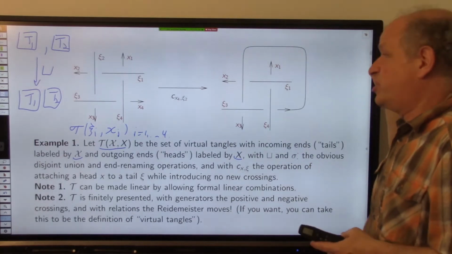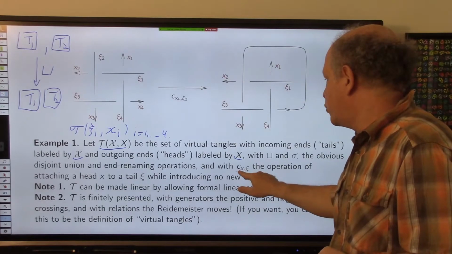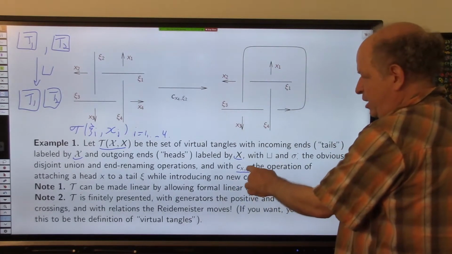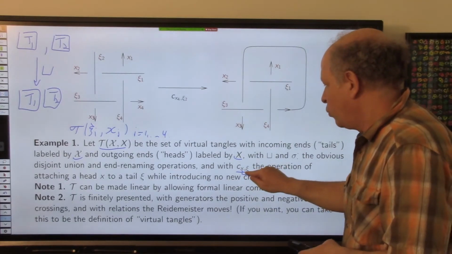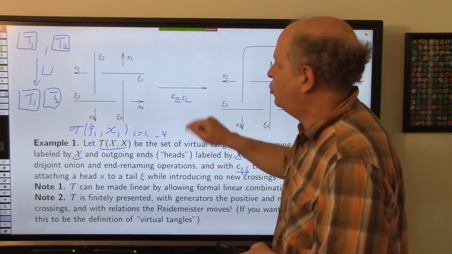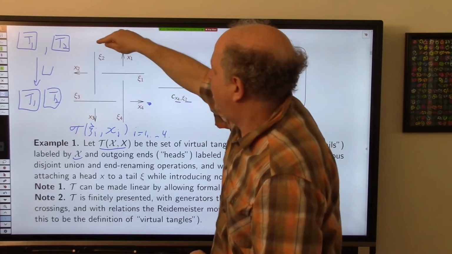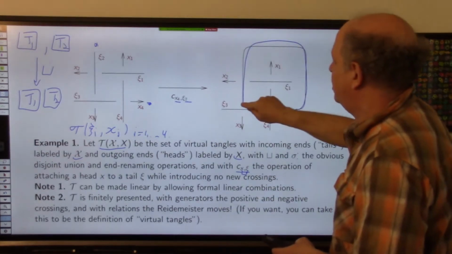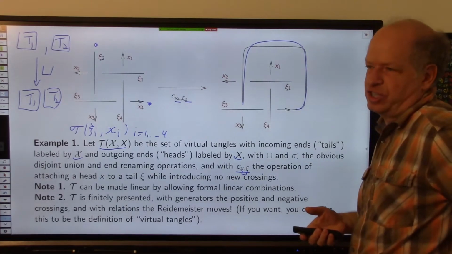And the truly interesting operation is the contraction operation. So C_x,psi is the operation of connecting the head x with the tail psi. So for example, C_x4,psi2 would look at x4 and at psi2 and add an additional connection between them without introducing any new crossings.